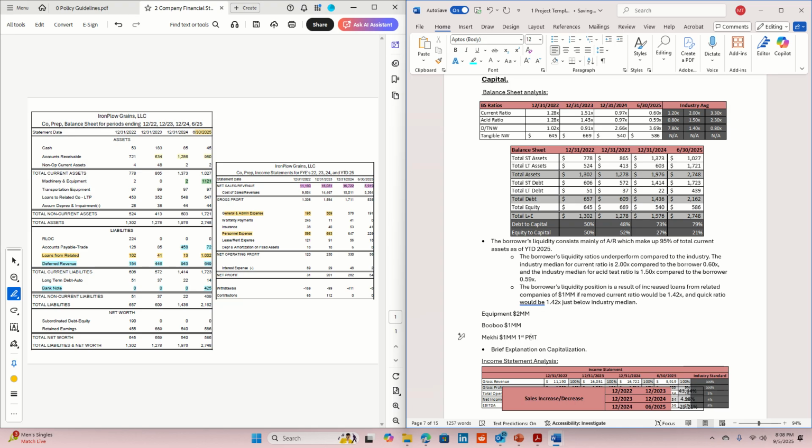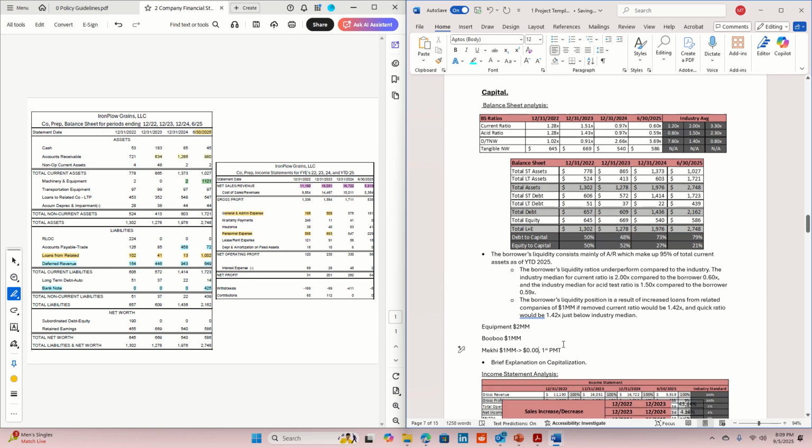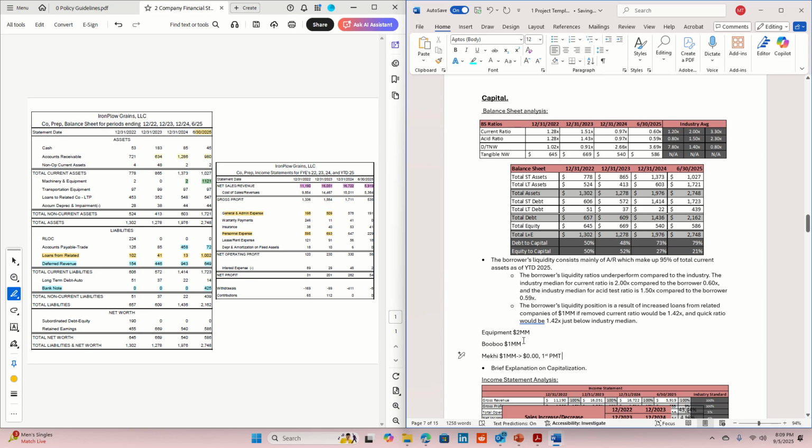So that means until this $1 million goes down to $0, Boo Boo the Fool is going to have an outstanding loan of $1 million. They will not be repaid until my loan is paid in full.